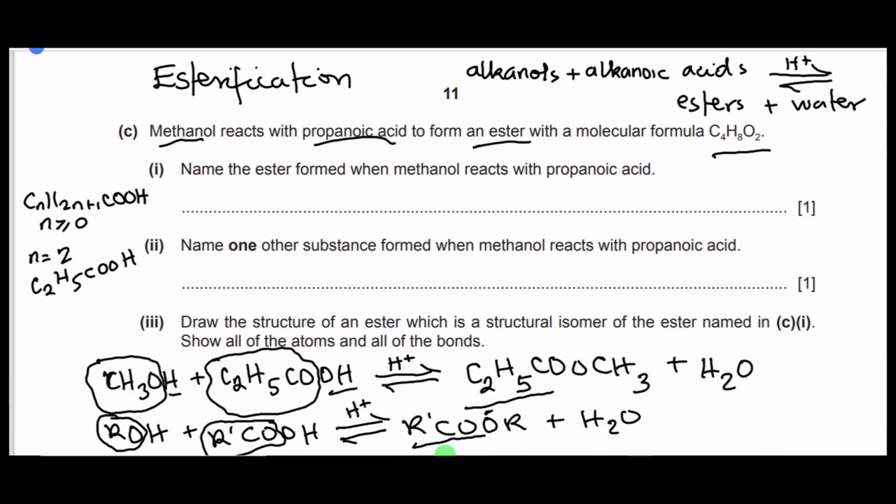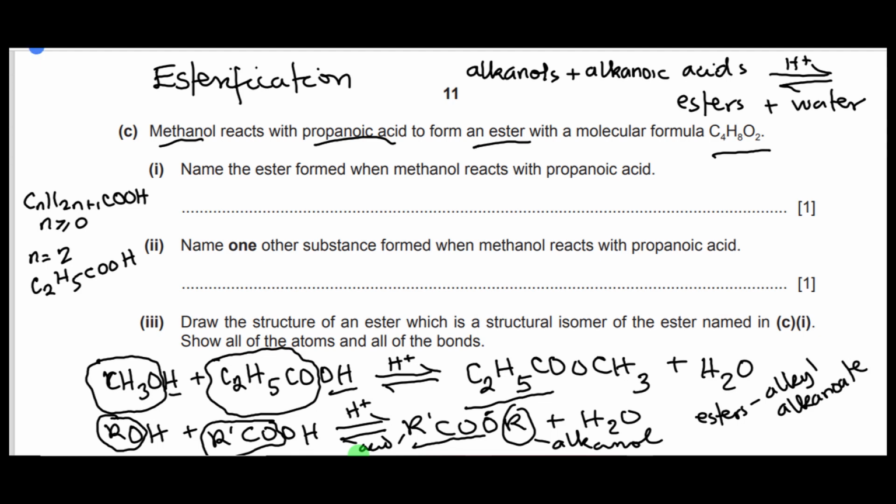This is the alkanol. So this R here is from the alkanol. R prime is from the acid. And when you are naming esters, esters are named as alkyl alkanoates.